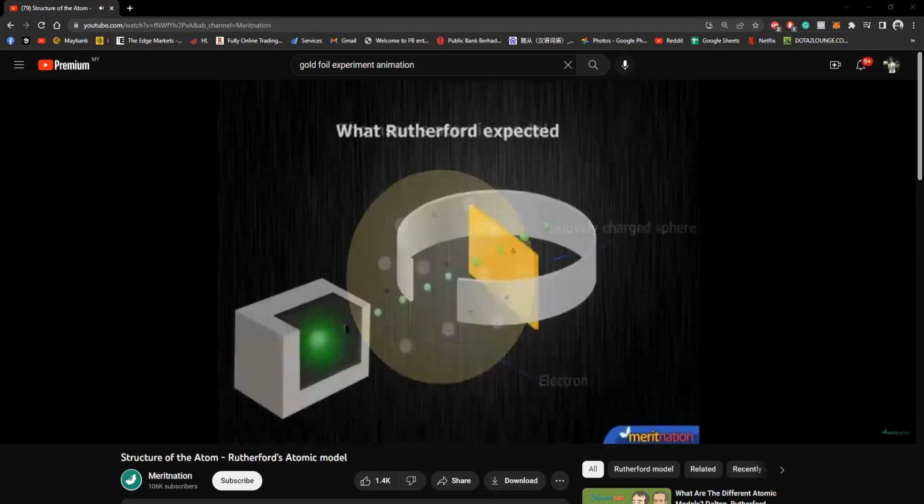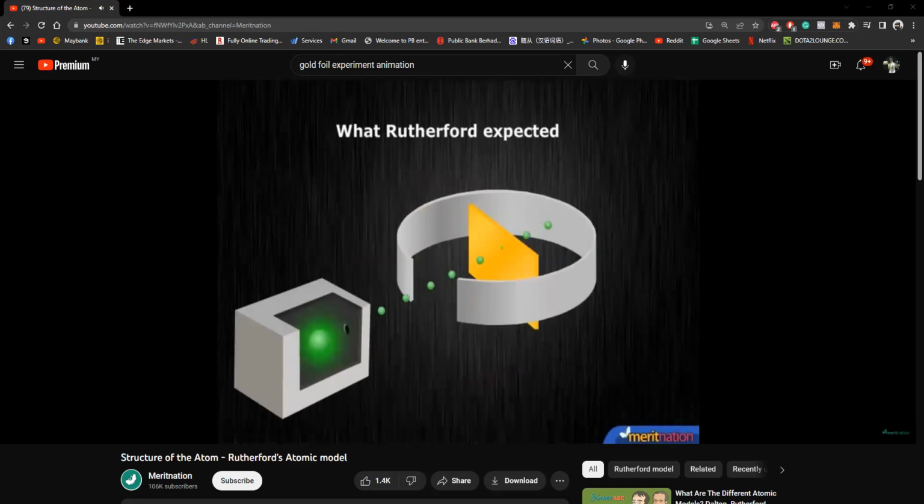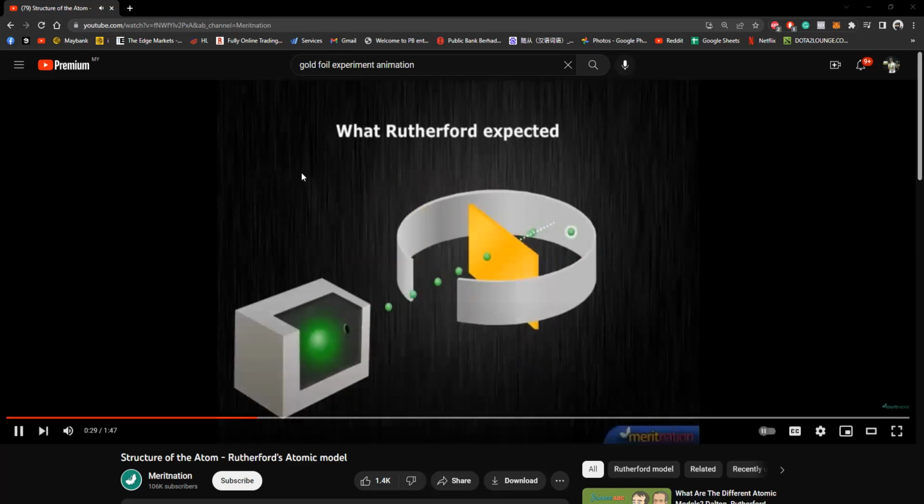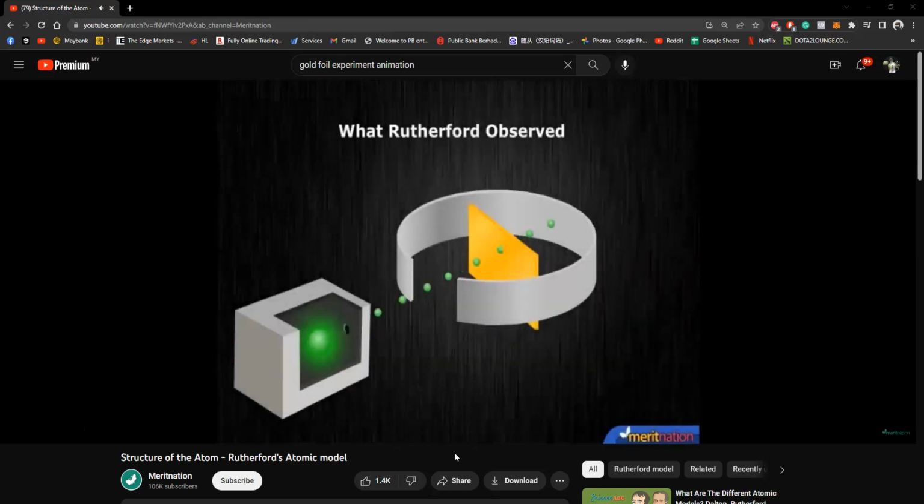So, Rutherford expected that almost all the alpha particles will pass straight and only small deflections will be observed if there would be any. However, Rutherford got totally contrasting results. From his experiment, he made the following observations. First, most of the fast-moving alpha particles passed straight through the gold foil.